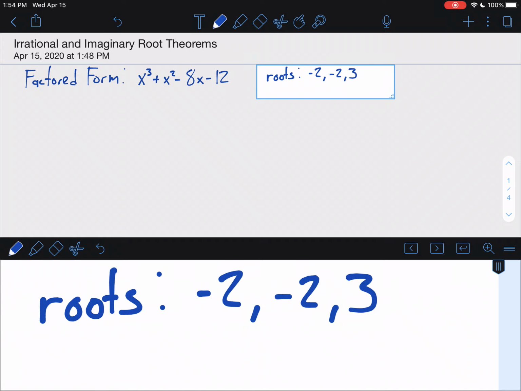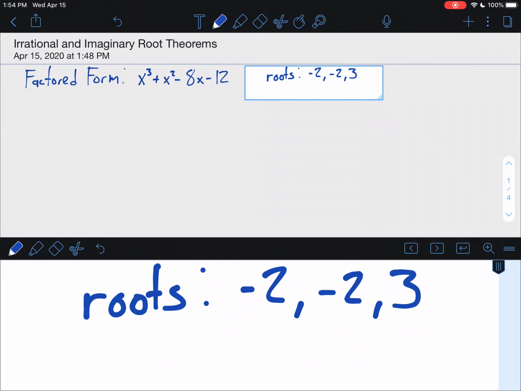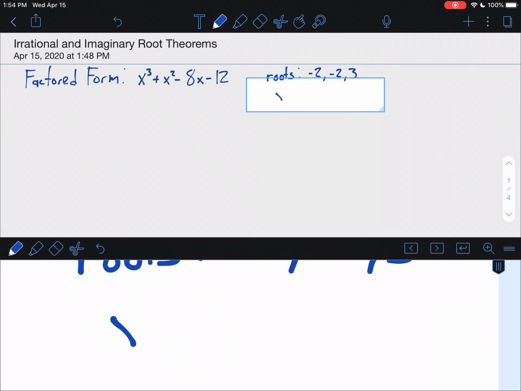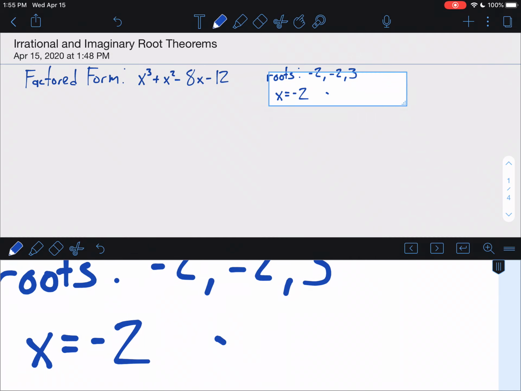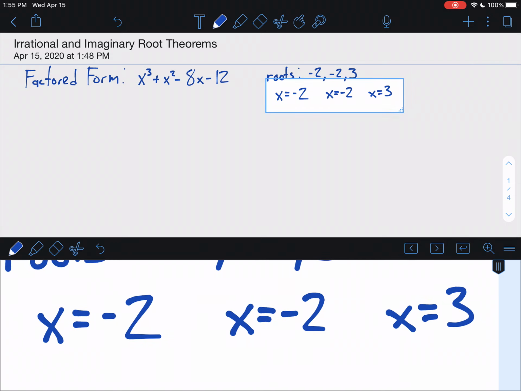So what this means is if we have x equals negative 2, and x equals negative 2, and x equals 3. Now we want to get all of these equal to 0, because the way we find the zeros is getting them equal to 0.